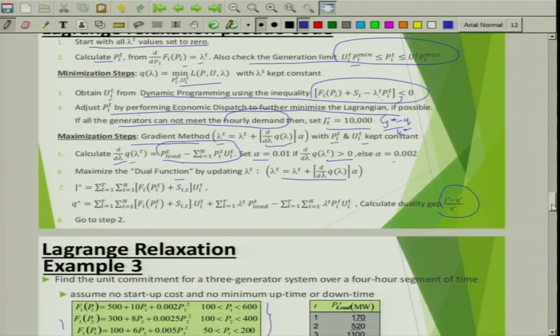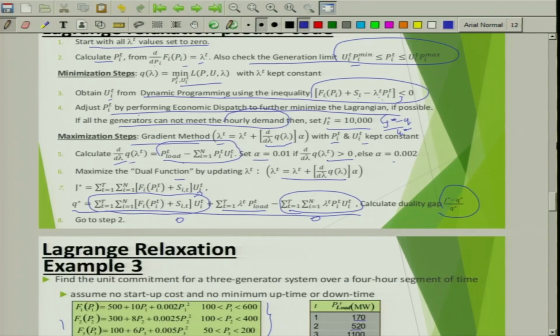You see here, this is your q, you differentiate with respect to lambda. Now this is off state, so this entire term is 0, u is off. This is for the first iteration I am saying, this is 0, and this is also multiplied by u, so this is 0. Now you differentiate only this term with respect to lambda, you get only load.